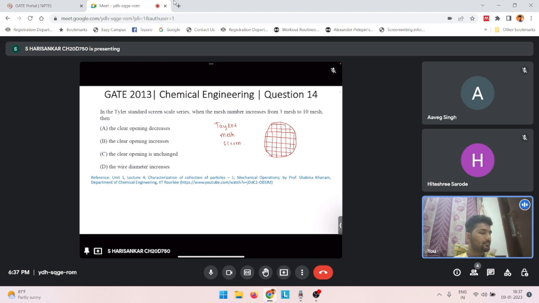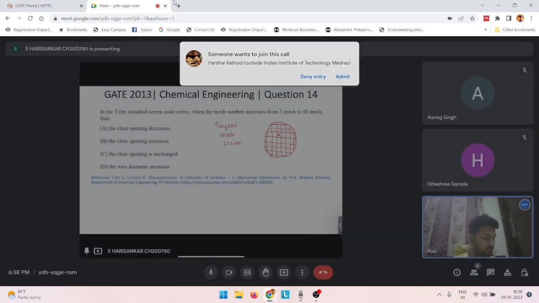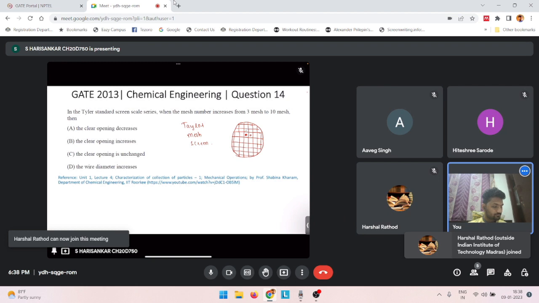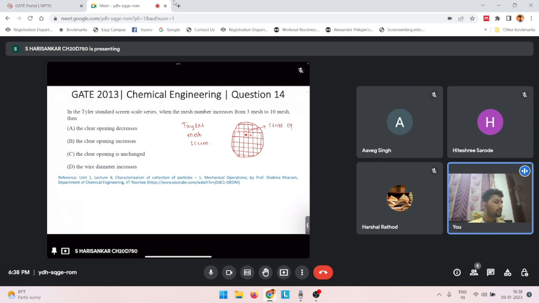So this is typically how a mesh looks like. And when they say a clear opening, these are the clear openings of a mesh.